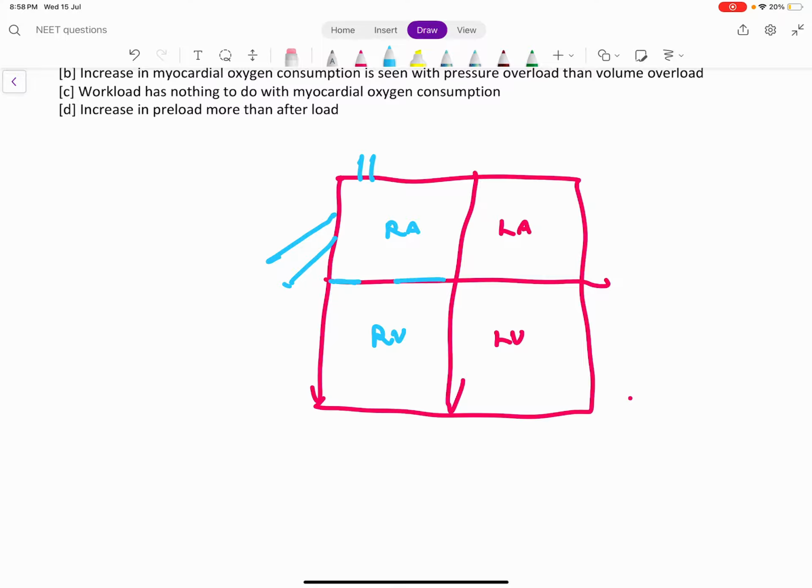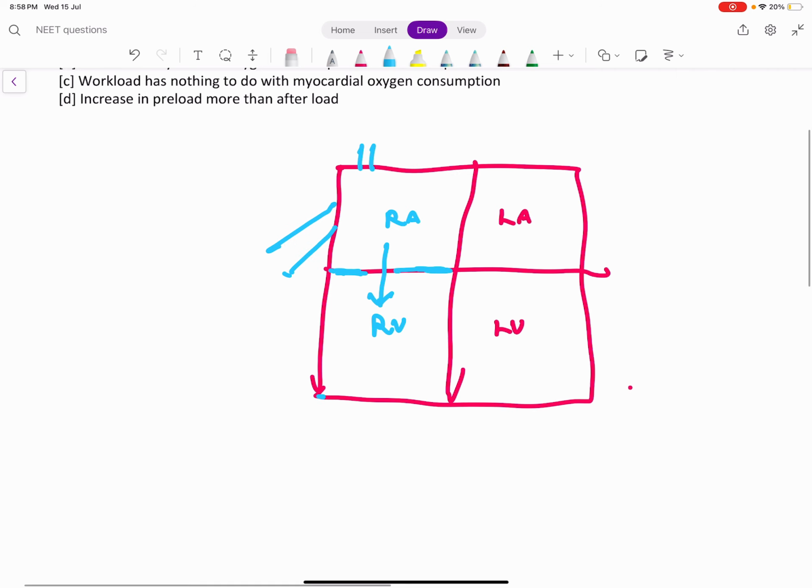From the right atrium, through the tricuspid valve, blood enters the right ventricle. From the right ventricle, we have another valve, the pulmonary valve, through which blood goes from the right ventricle to the pulmonary artery.